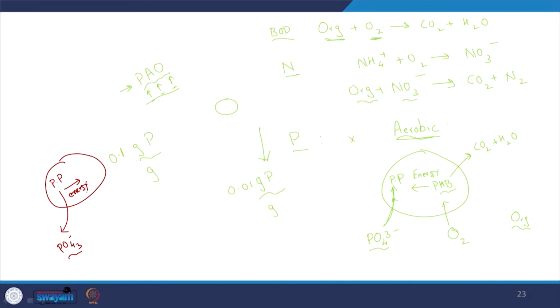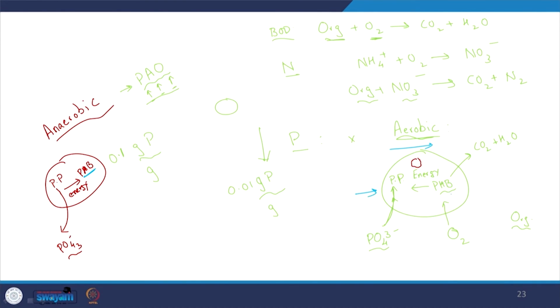Here again there is no oxygen though, but the carbon source that was present here is used to form these polyhydroxybutyrates. So, here you need to have two conditions. What is it? One is anaerobic, because first you want to have this formation of polyhydroxybutyrates, right. You want to have this. So, you will have anaerobic conditions first, and then in the aerobic conditions, what is going to happen?